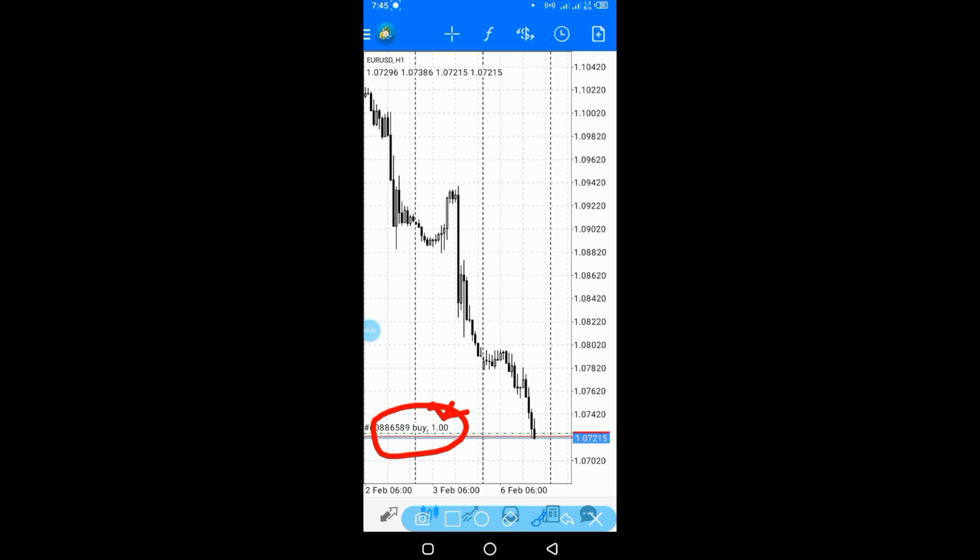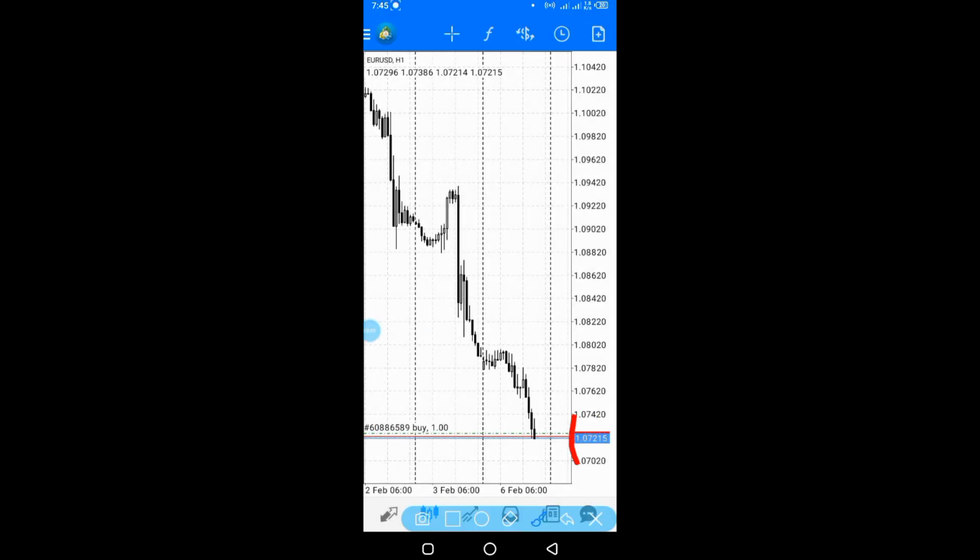Then I can see there are two lines running, a red one and a blue one, and above them another line, the green line.